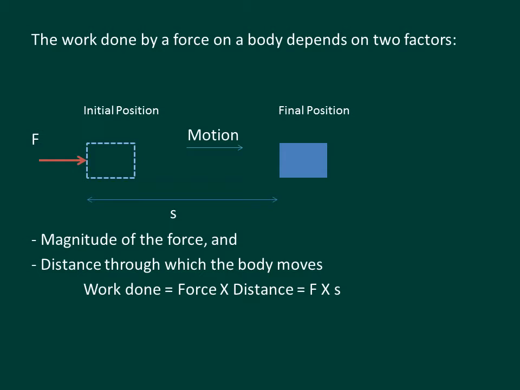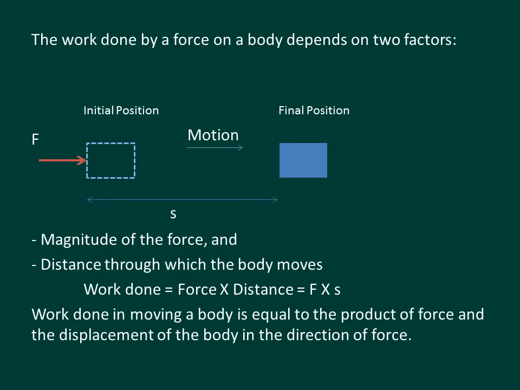So the work done is equal to force into distance, W = F × S. F indicates the force and S indicates the distance traveled from initial position to final position. So the work done in moving a body is equal to the product of force and the displacement of the body in the direction of force.